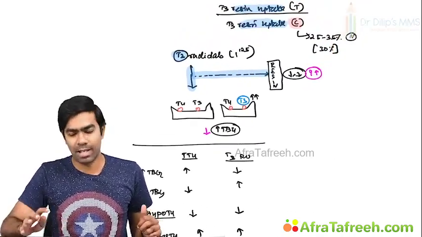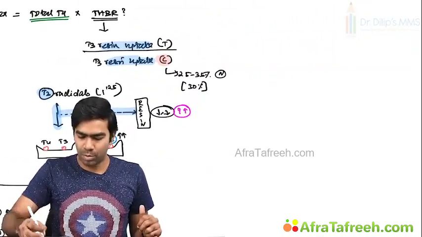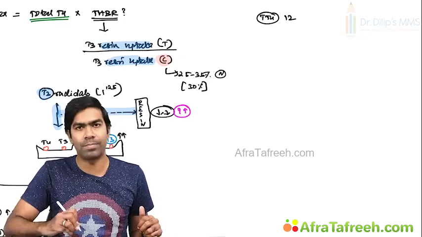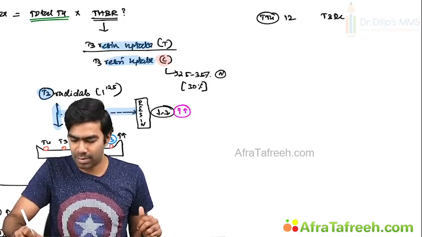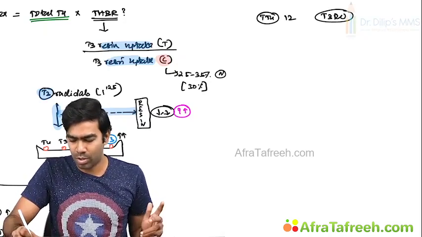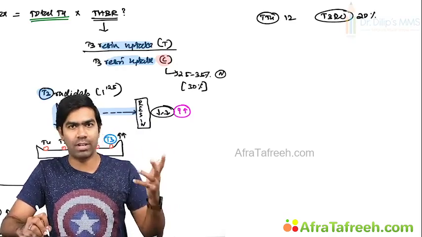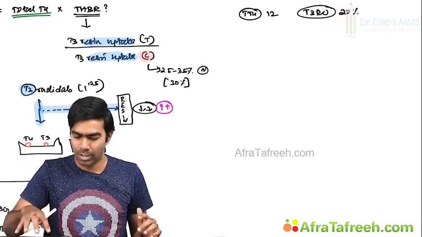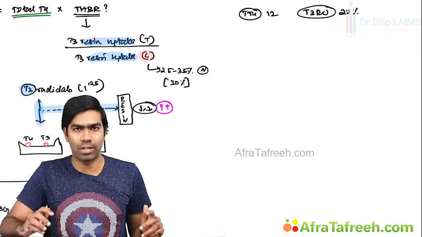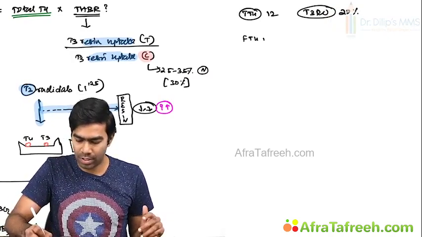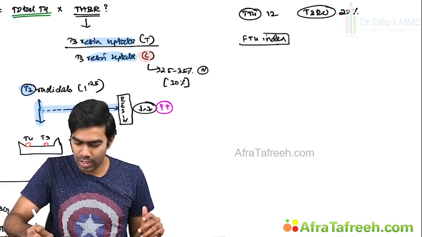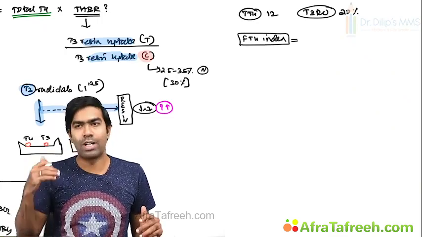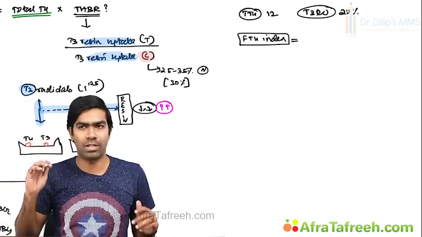So let us calculate by an example. Suppose you have a total T4 value of 12 and my T3 resin uptake value is around 20%. Normally it is 25 to 35, average is 30, but here only 20% uptake is happening. So how can I calculate the free T4 index? I already told you that the free T4 index is nothing but your T4 corrected to the TBG.